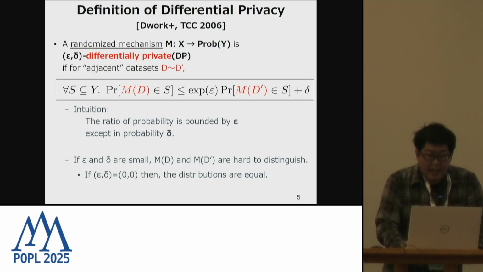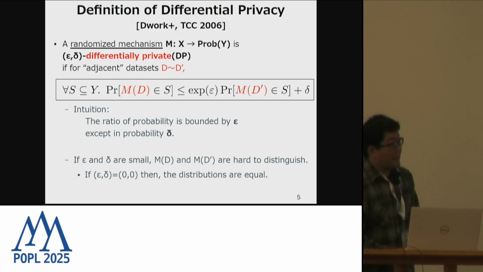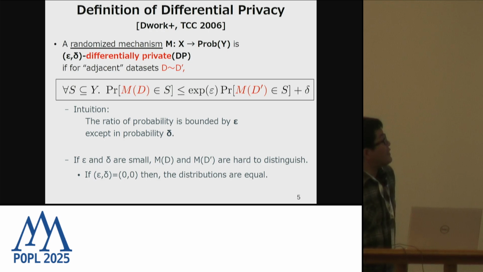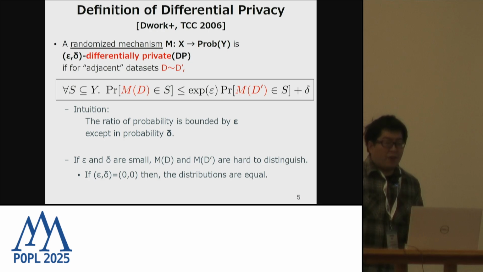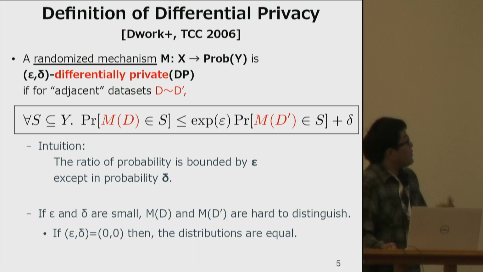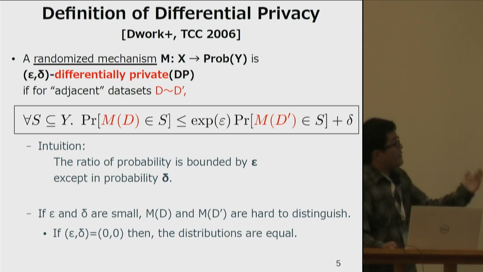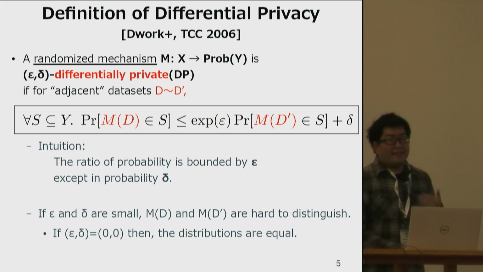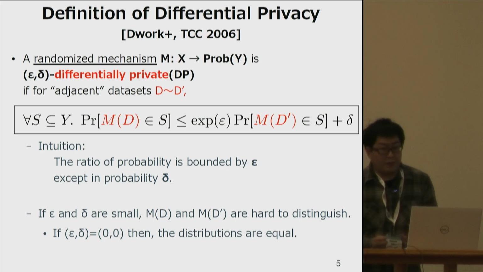Okay, let's move on to the definition of differential privacy. So in the definition of differential privacy, we consider a randomized query. A randomized query M from X to Y. Here, X is the domain of data set. Y is the domain of output.